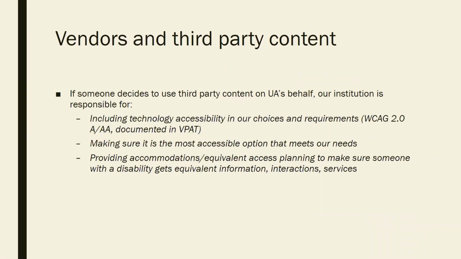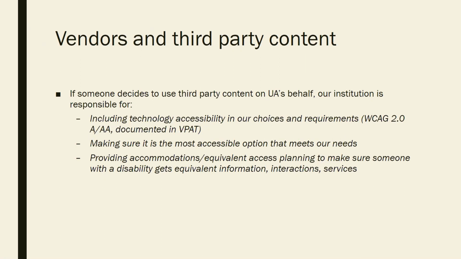A common question throughout this process has been, what are my responsibilities when it comes to vendor-provided technologies and content? If someone decides to use third-party content on UA's behalf, so this is typically some content or technology or platform that we've contracted with someone else to provide, that we've purchased from someone else rather than created in-house, our institution is responsible for including technology accessibility in our choices and requirements.